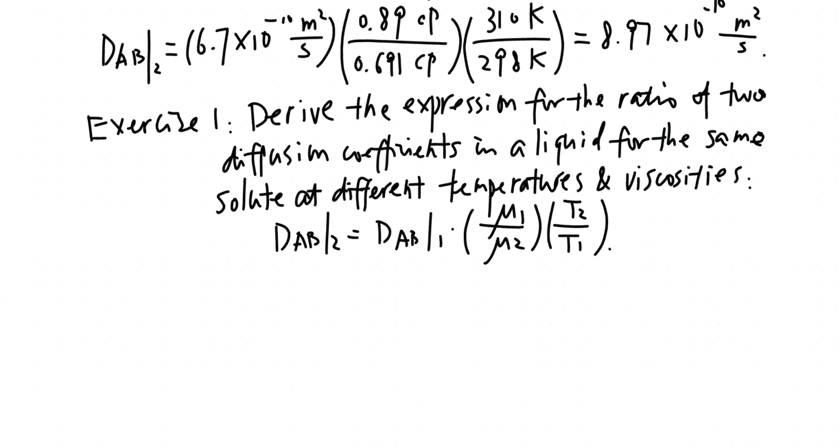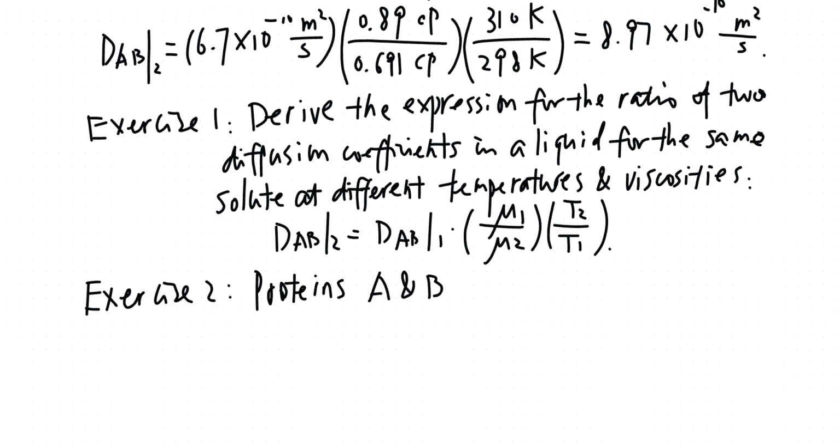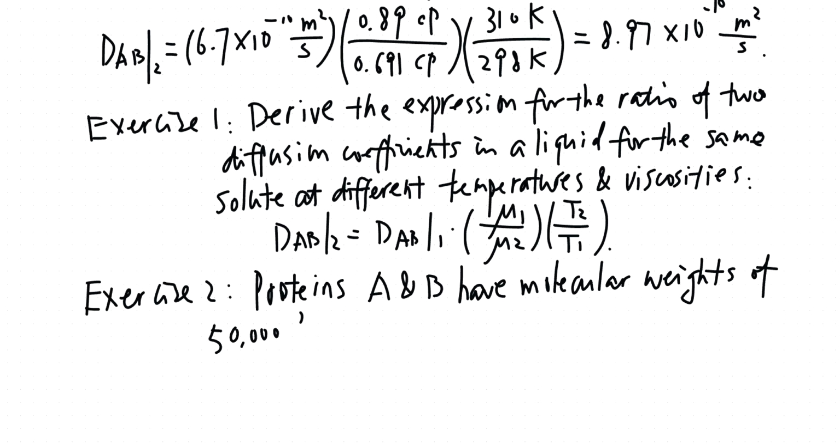And exercise 2 for this lecture. Molecules A and B have molecular weights of 50 grams per mole and 150 grams per mole respectively.